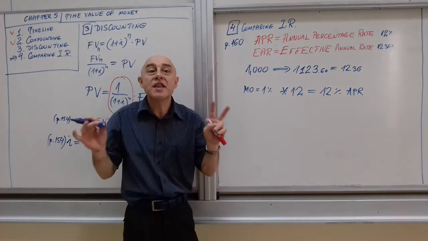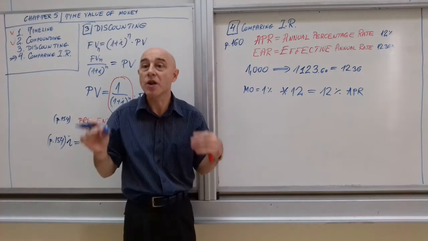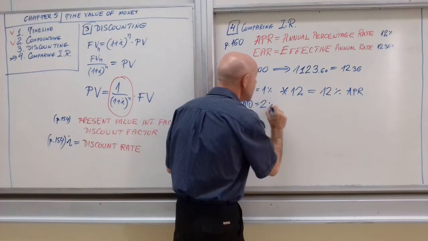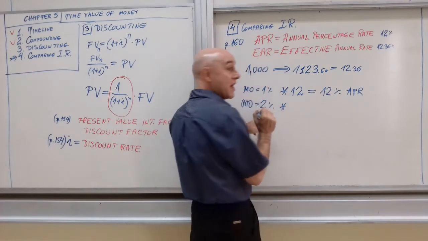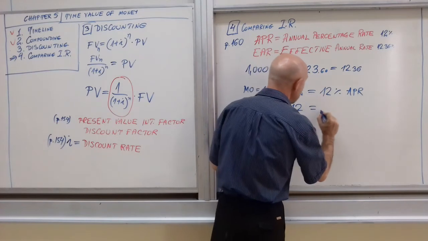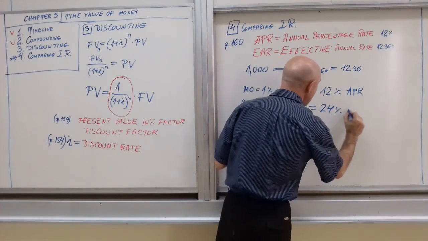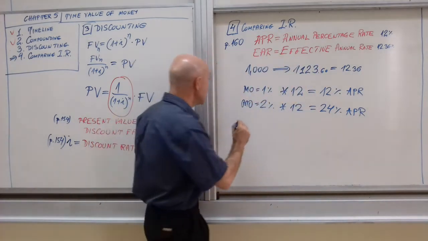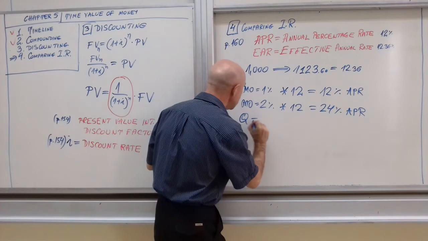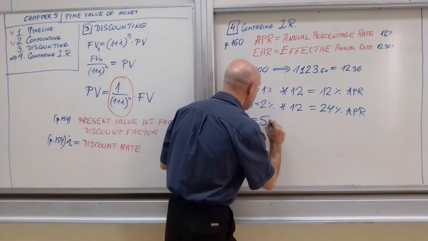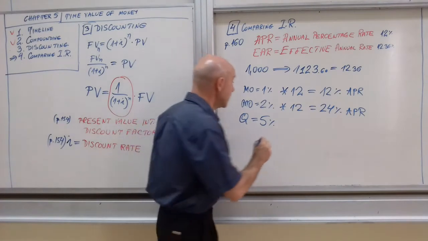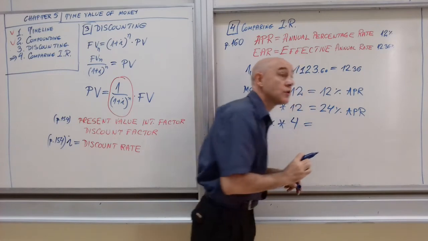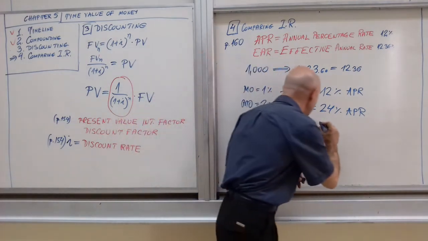They say interest rate only 2%, so multiply monthly 2% by 12 is 24% APR. Okay? And if they say quarterly is equal to 5%, okay? If it's quarterly, we multiply by 4 equals 20% APR.